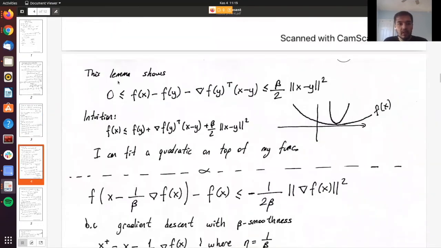The important thing this lemma shows is we achieve this inequality. If we rearrange the terms, my function f(x) is smaller than a quadratic function. That means I can always fit a quadratic on top of my function, so my function grows slower than a quadratic.